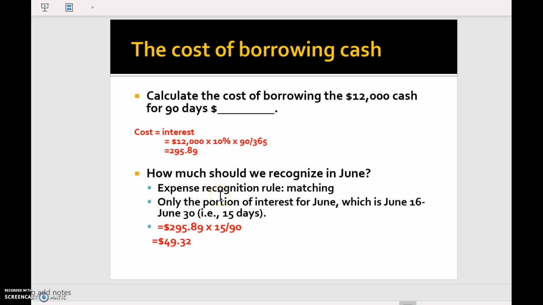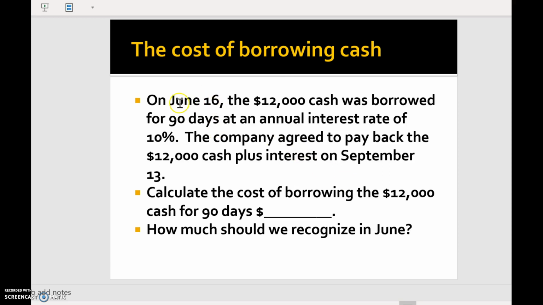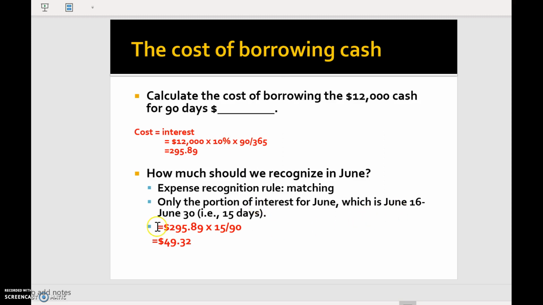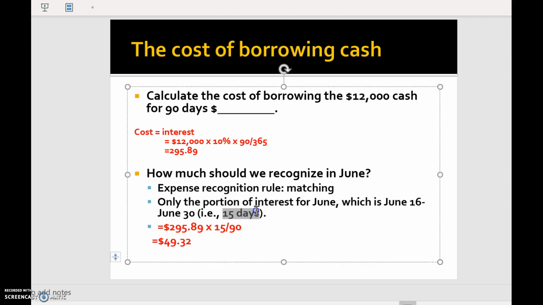Remember, we talked about expense recognition. We don't recognize all the cost of borrowing as interest expense in June, because in June we only use the loan for the days between June the 16th to June the 30th, which is the last day of June. If we calculate that, that is 15 days. How do we calculate the interval between the two days?